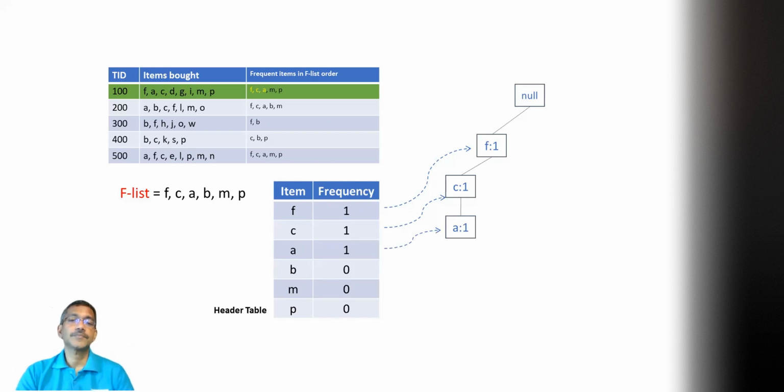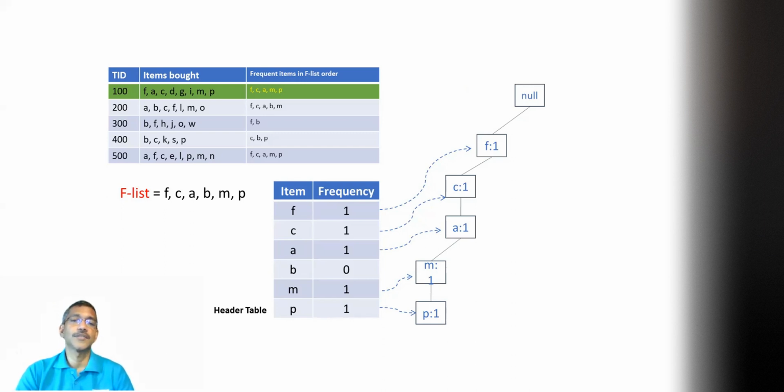And then M. Now we see an M here. We see the M because we see FCA, but we don't have a way of putting M, therefore we add a node and put an M. And then P. So when you take the first pattern, you will be adding nodes at each step. There won't be any way of reusing the existing nodes.